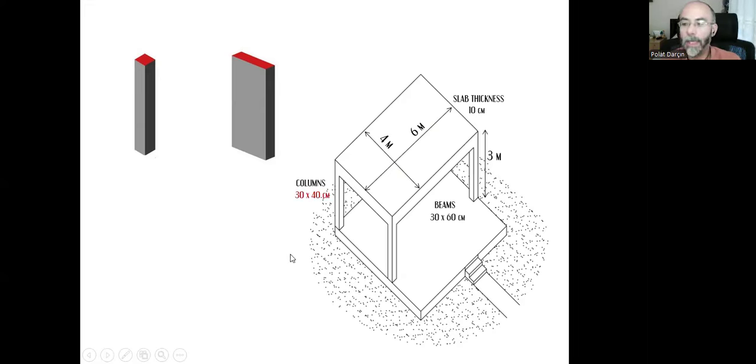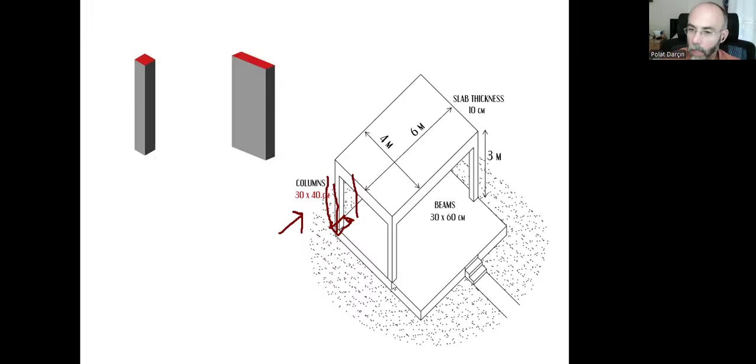So instead of a square-shaped column, we can have a 30 by 40 centimeter column. We can just enlarge one of the sizes to create that rectangular shape, and we can position the columns like that. The first column can be like this, so it will be strong in this direction, weak in the other direction.